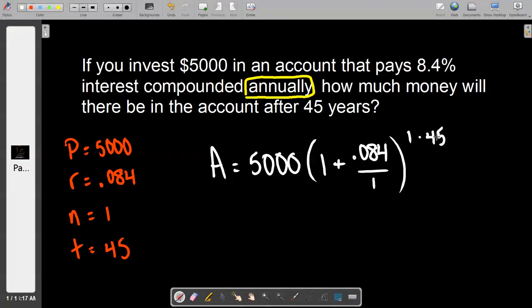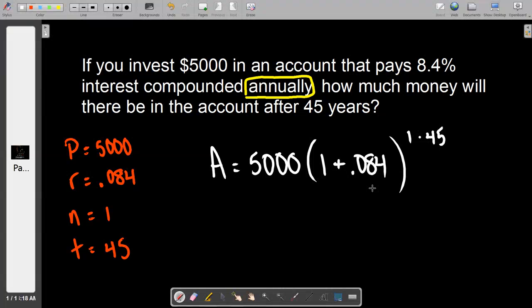When it says compounded annually, the formula actually simplifies itself quite a bit. What's the point of doing 0.084 divided by 1? There really isn't one. So in this case, I elect to make my life easier and just write 0.084.